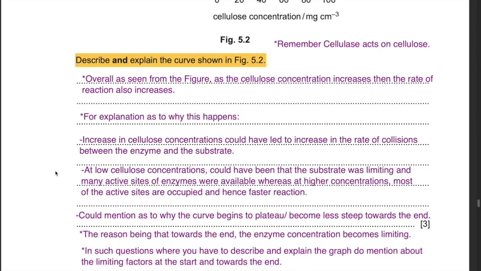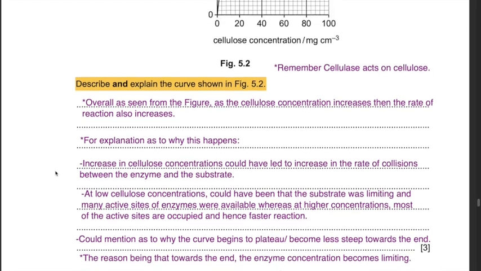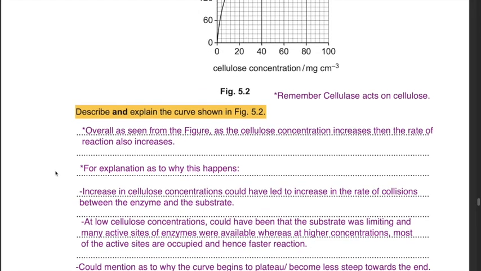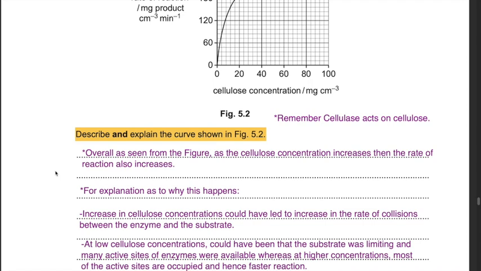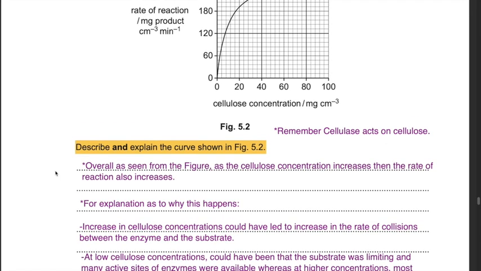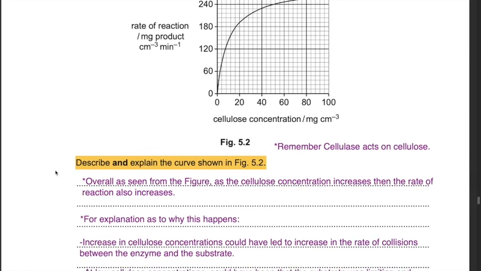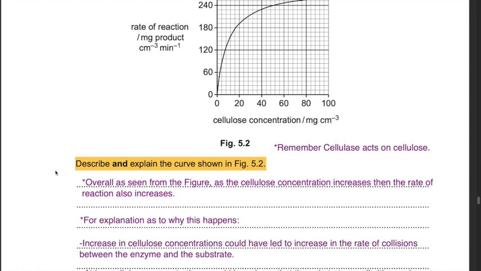At low cellulose concentrations, it could have been that the substrate was limiting. If you look at this graph, at first, towards lower cellulose concentrations, the substrate was limiting and many active sites of enzyme were available, whereas at higher concentrations, most of the active sites are occupied and hence faster reaction. That is a key point which is definitely present in your textbooks.